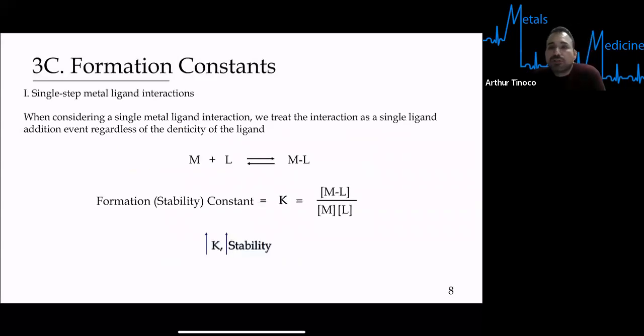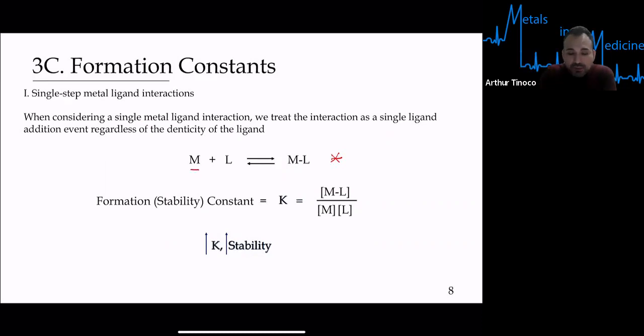All right, let's start off very simple. We're going to look here at a single step metal-ligand interaction. Here we have our expression for one metal interacting with a ligand. What we're not considering in this representation is the denticity of the ligand. We're simply treating it as having one point of contact with the metal.